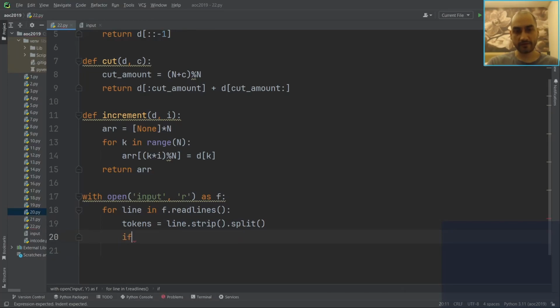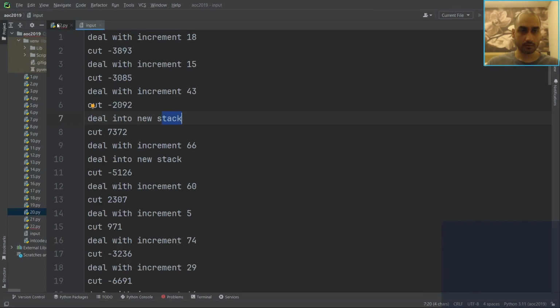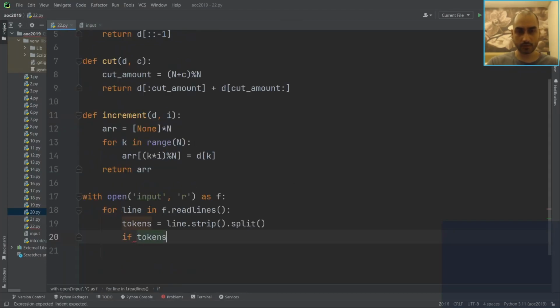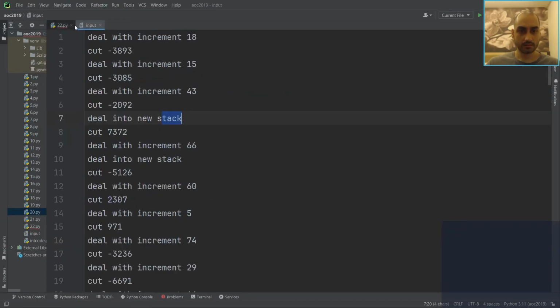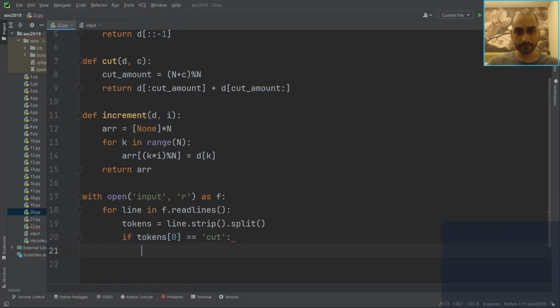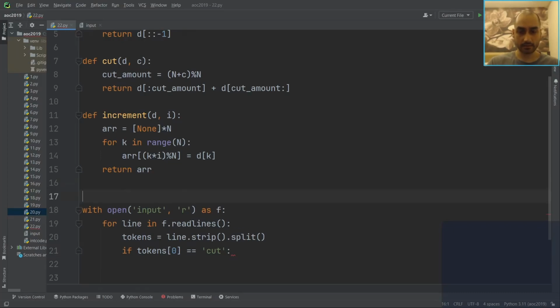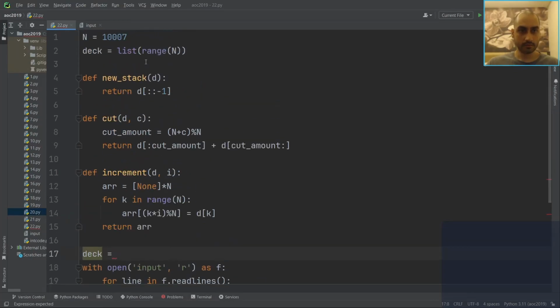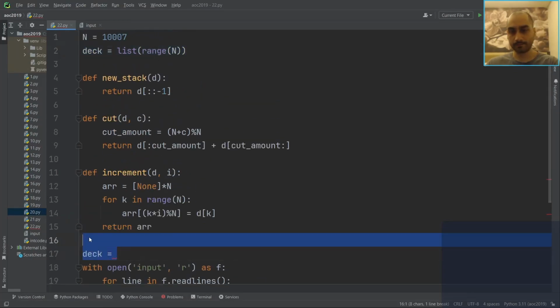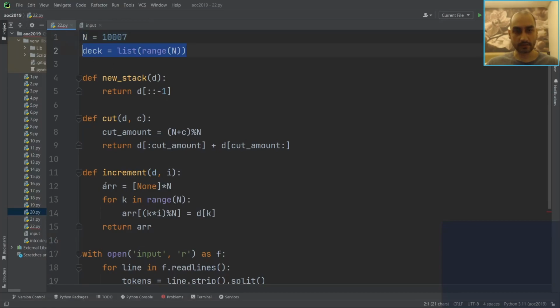Alright. Let's just do each. Okay, so if tokens 0 is cut, then the deck, we've already got the deck. Okay, let's just move this down.